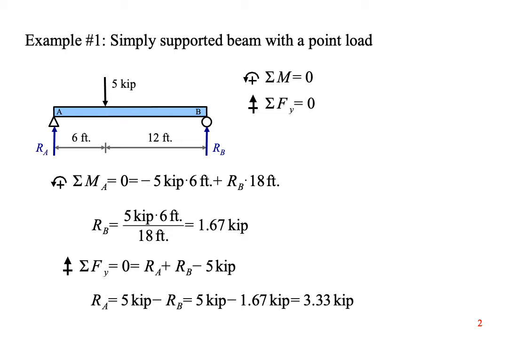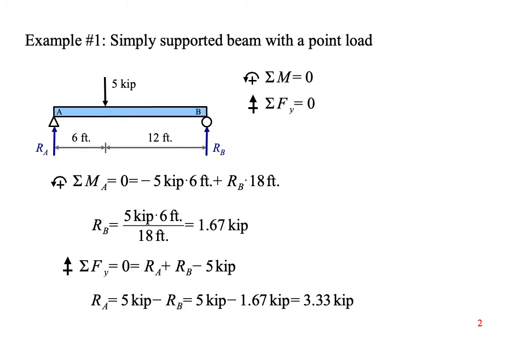We can find r sub a in either of 2 ways. We can either solve the sum of the moments about point B, or we can use the sum of the forces. I think sum of the forces is simpler, which means it's less likely that I will make a mistake. Most strength of materials textbooks define up as the positive direction.